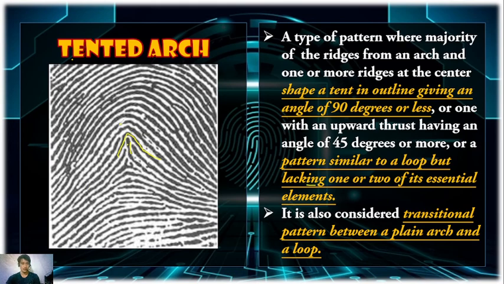That's the time we can say that it is a tented arch. So pag hindi siya mag-fall ng plain arch, or hindi siya mag-fall ng loop, because it lacks the requisites, then that is a tented arch. This illustration is a best example of a tented arch.